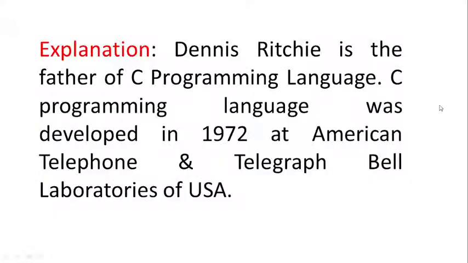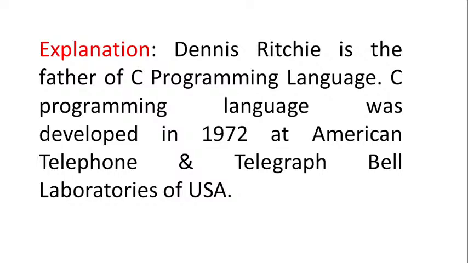The explanation for this question is, Dennis Ritchie is the father of C programming language. Before this C language, we used one more language called BASIC. The abbreviation of BASIC is Beginner's All-Purpose Symbolic Instruction Code.